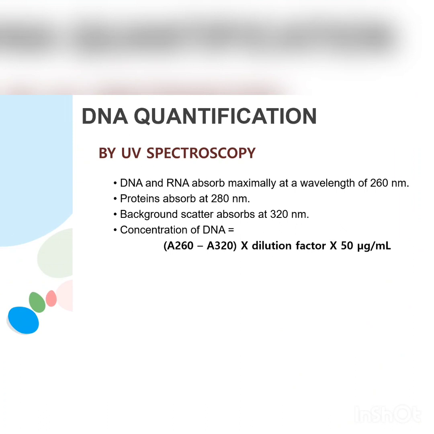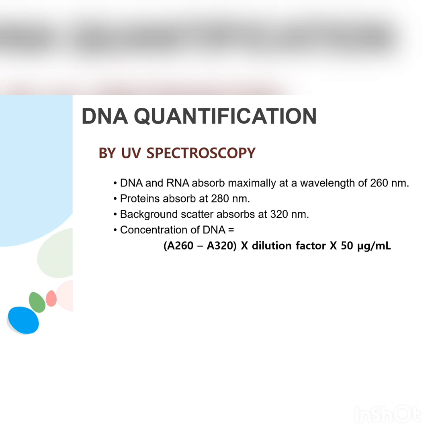Now, let's see how to quantify our DNA. Usually, DNA quantification has several methods, but here we are focusing on the DNA quantification by UV spectroscopy. Usually, the DNA and RNA absorb maximally at a wavelength of 260 nanometers.